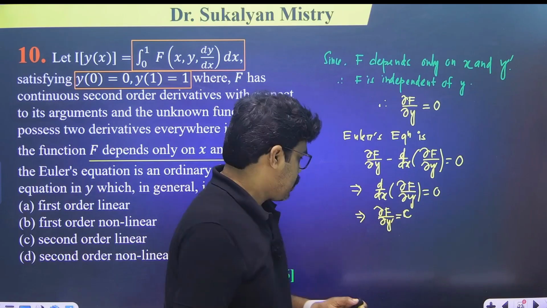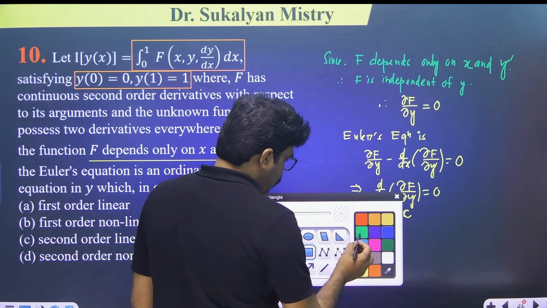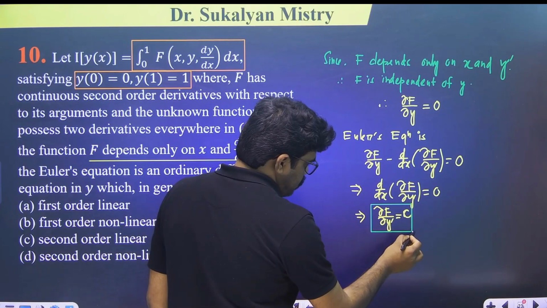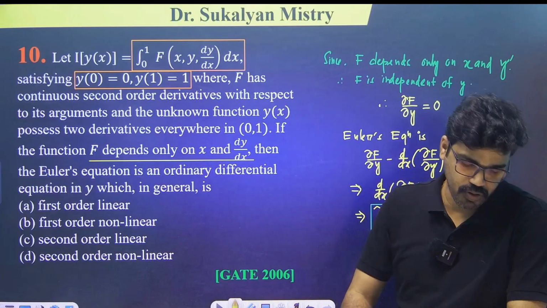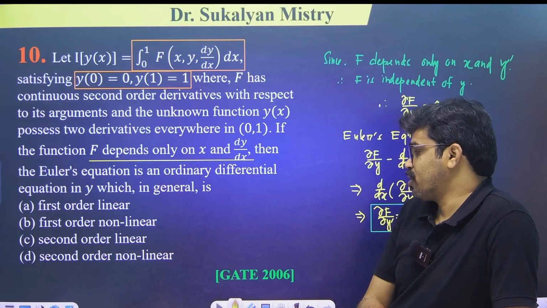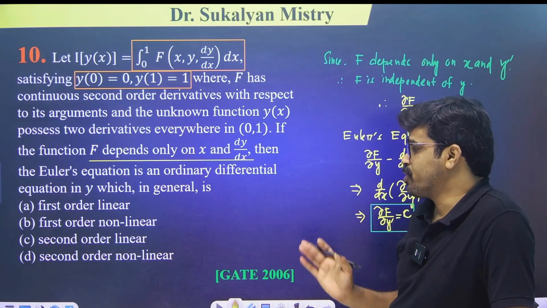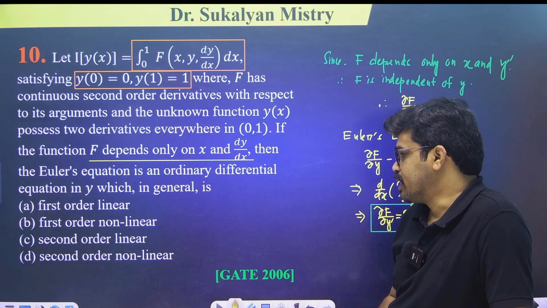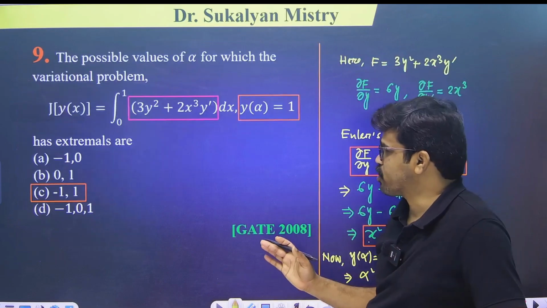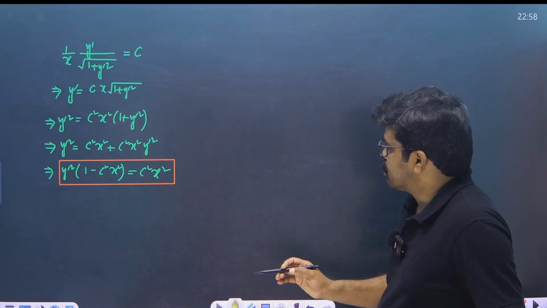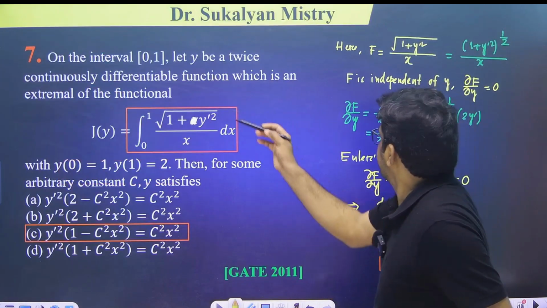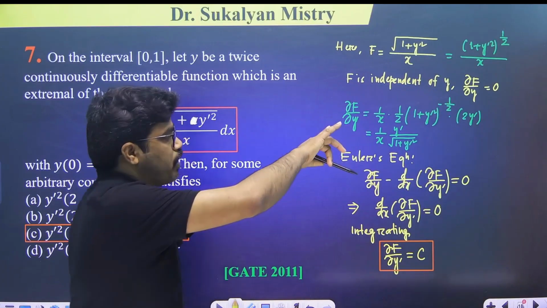Okay, so in general this will be a first order linear differential equation. This cannot be non-linear. This is the first order linear differential equation. Just see, you can check this. See this problem. Here f is independent of y, right?